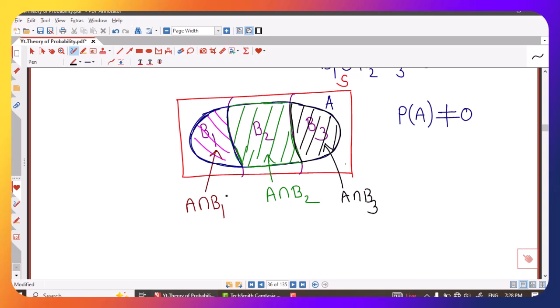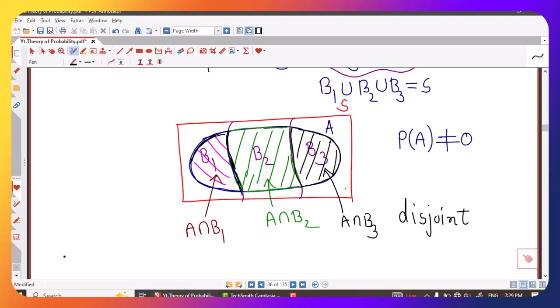So these three events, A intersection B1, A intersection B2 and A intersection B3, are also mutually exclusive or disjoint. We can see that there are no common elements for these three events. This much part is A intersection B1, this is A intersection B2, and this is A intersection B3.